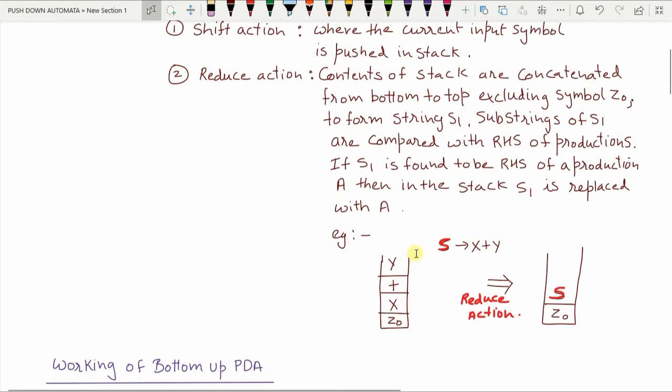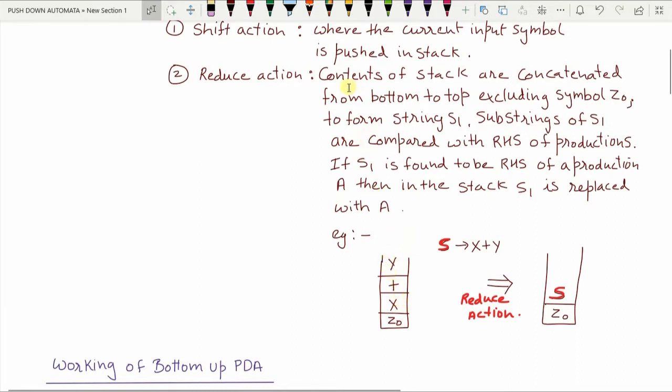So for example, x plus y is the string that we insert. If we had not reversed the string, it would appear as y plus x, right?